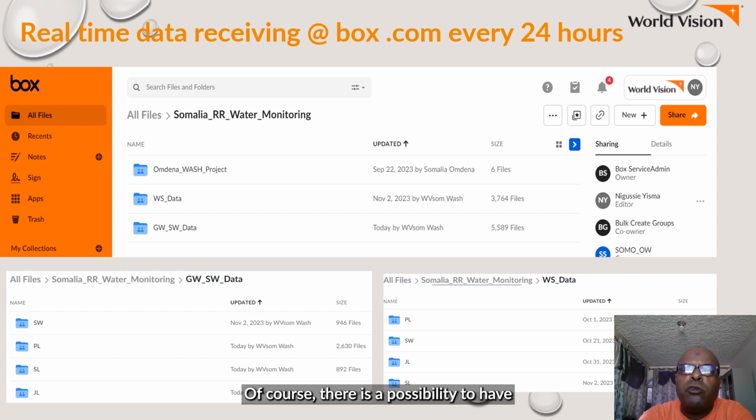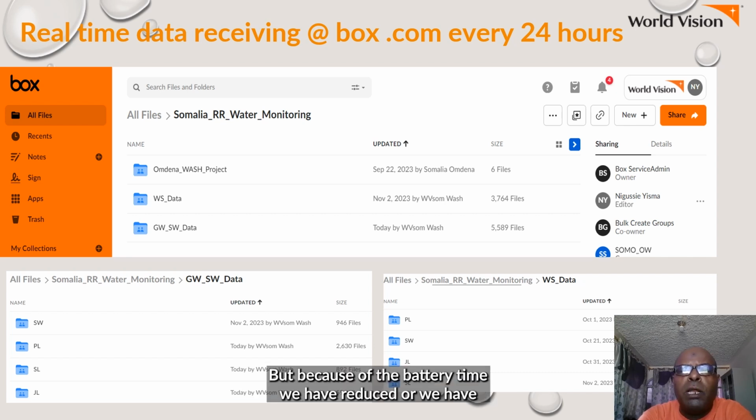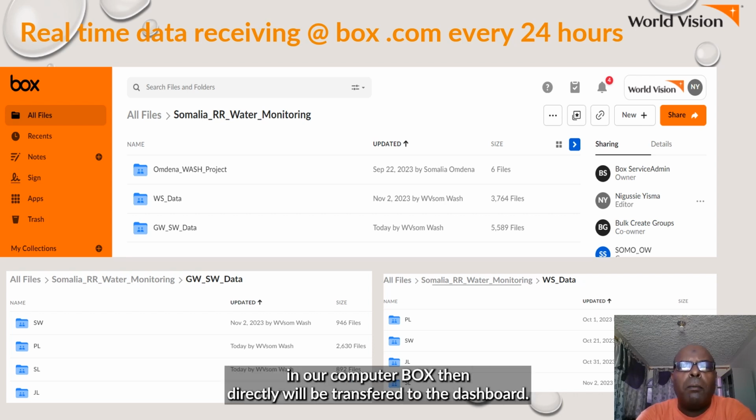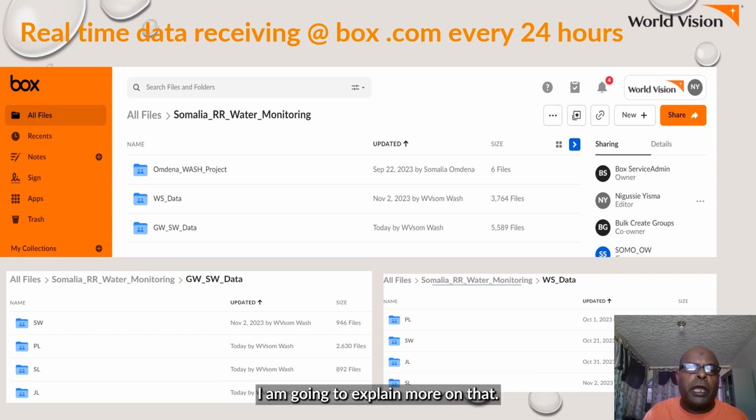There is a possibility to have it within 6 hours and even below, but because of battery time, we have given a span of 24 hours for the information to appear in our computer box, which then transfers directly to the dashboard. I'm going to explain more on that.